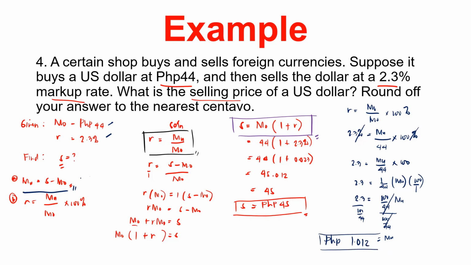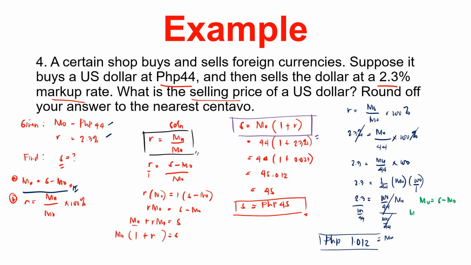Ngayon, balik kayo dito sa unang formula. So, yung markup is equal to selling price minus cost price. Okay? So, alam nyo na yung markup nyo ay 1.012. Okay? So, markup is equal to selling minus cost price. So, manipulate nyo lang yung formula, equate sa selling price.